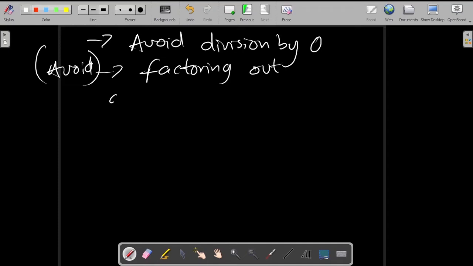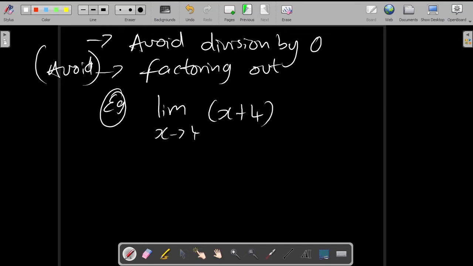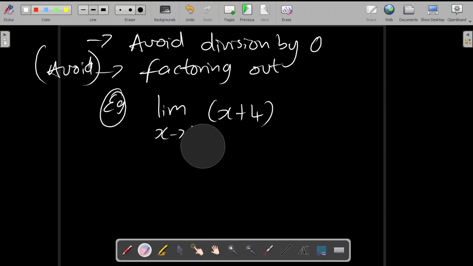So this is what I mean by substitution. If we have the limit of x plus 4 as x approaches 4, there is no danger of dividing by 0 in this case, so let's not worry about factorization and stuff like that.